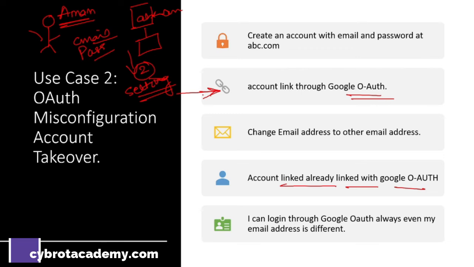In case you do not see any such functionality in the settings, you can log out and try to log in using the auth functionality. Then after step 2, change the email address to any other testing alternative email address.